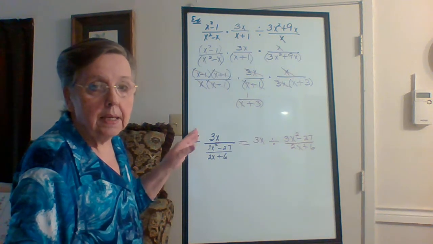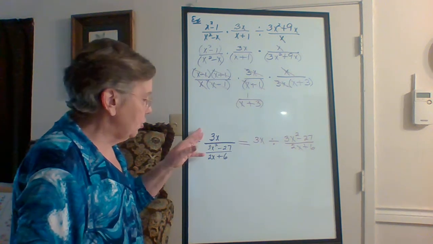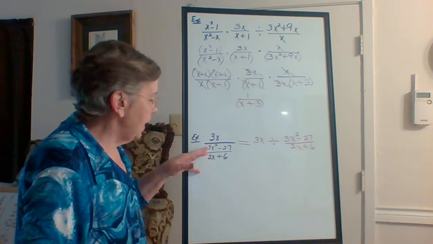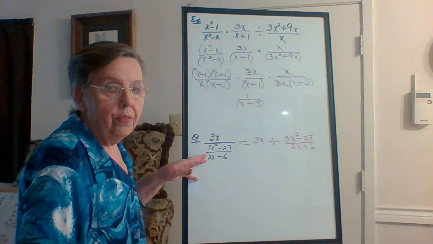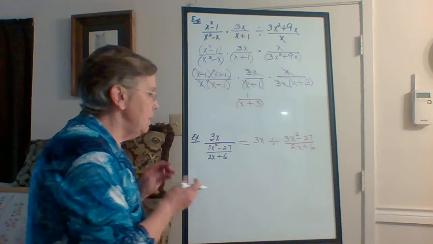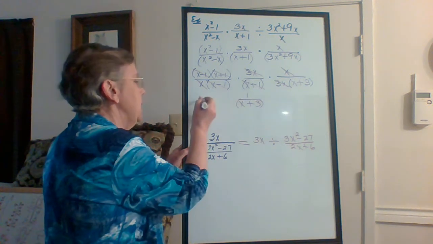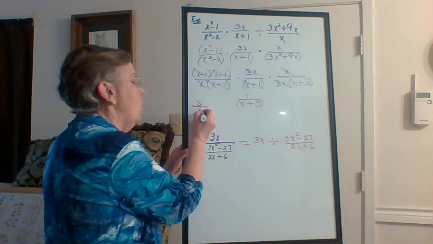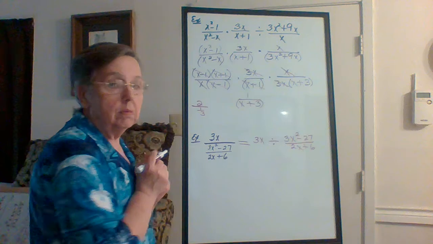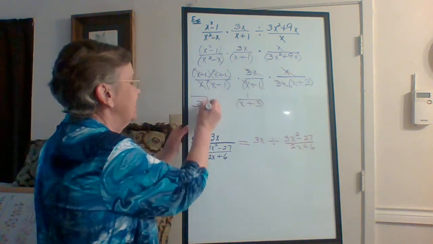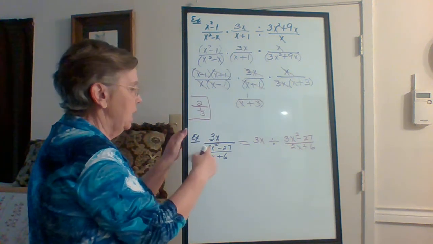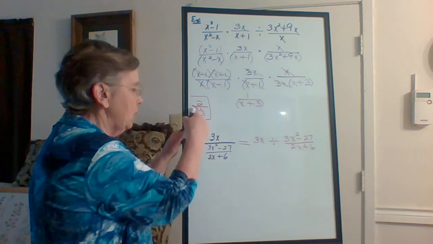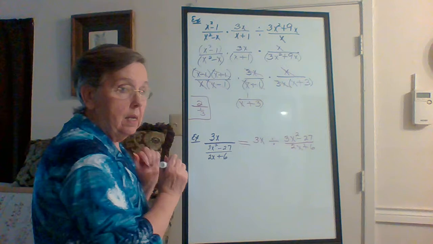Okay? This is a complex fraction. One term divided by this fraction. That would be sort of like saying 2 divided by 1/3. This is similar to what you would be seeing. 3x divided by, and then that would be like the 1, and that would be like the 3.